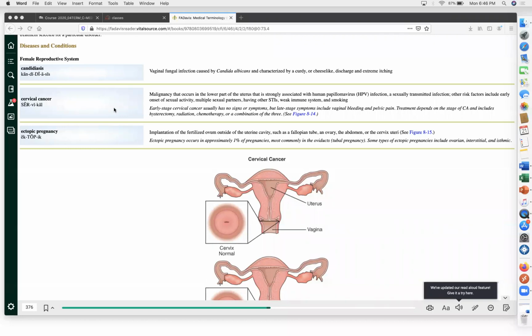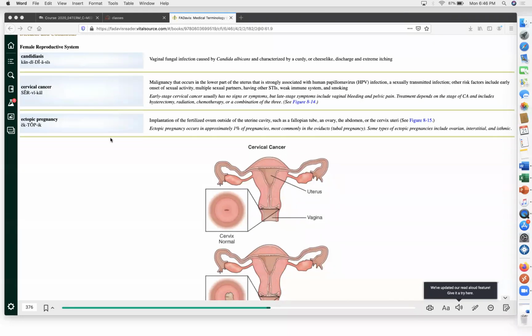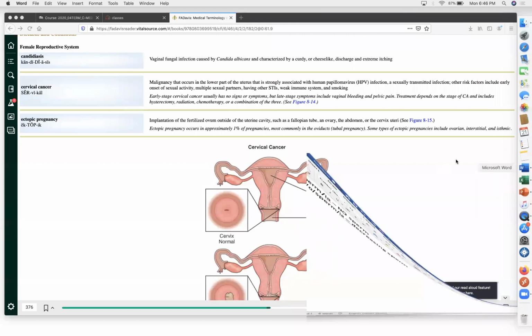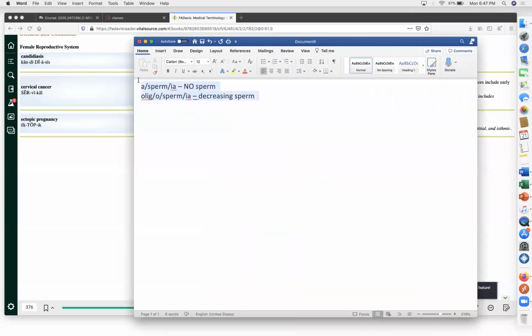Cervical CA, ectopic pregnancies. Now, what's an ectopic pregnancy? Let's look at that word, ectopic. Remember I mentioned twice actually that in the uterus, the best implantation is the superior portion of the corpus, anterior portion. That's where implantation happens when the sperm and egg meet, that's the best place to be.